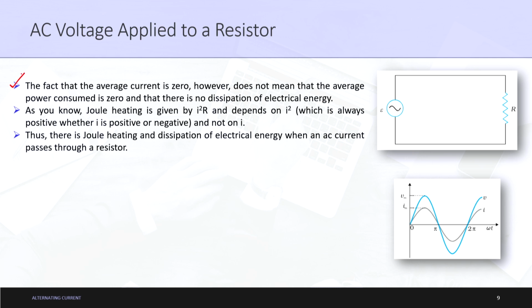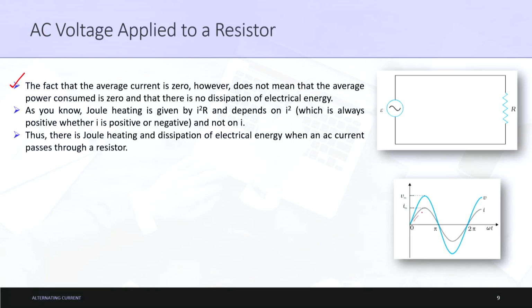So, how is the sum of current being calculated? The current sum is basically the area under the curve, and you can clearly see that the summation of the area under the curve is 0. But how is power calculated?